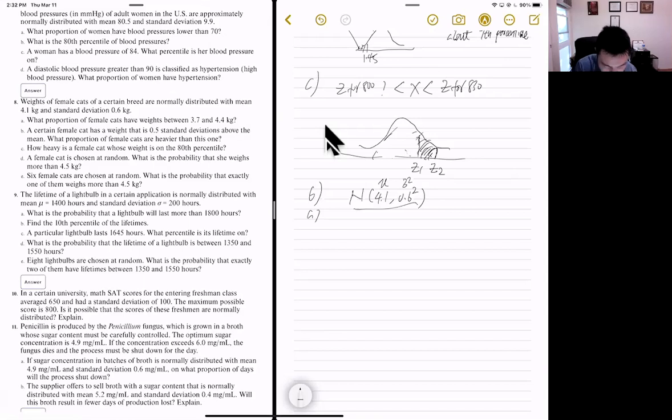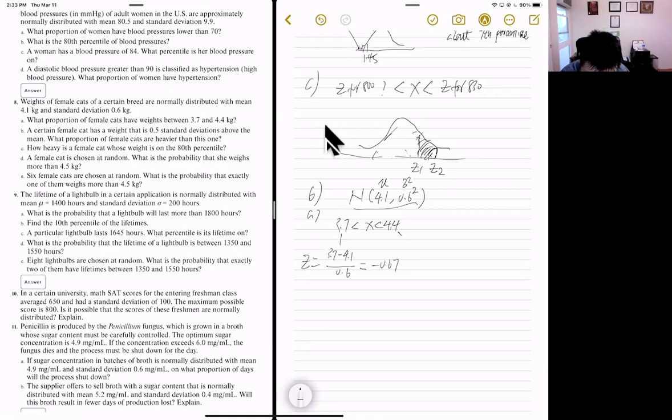For part A, between 3.7 and 4.4. Right now, probably you already know what we do. We calculate the z-score from x. For 3.7, it is 3.7 minus mean 4.1 over sigma, so that is a z-score of minus 0.67.